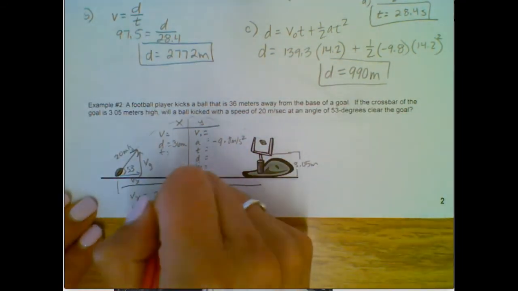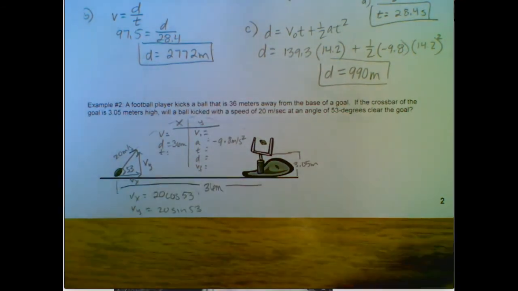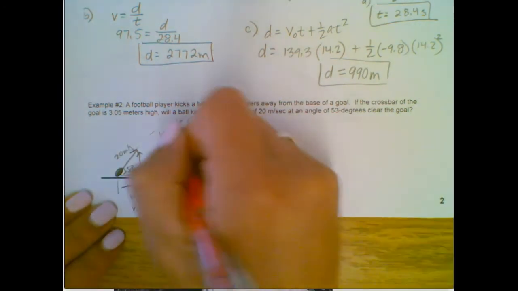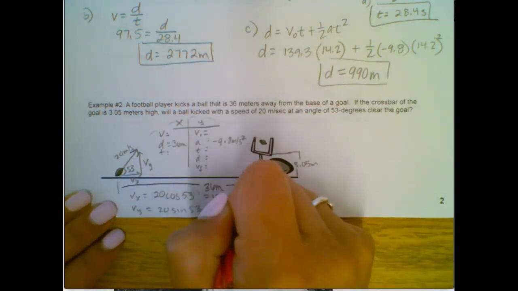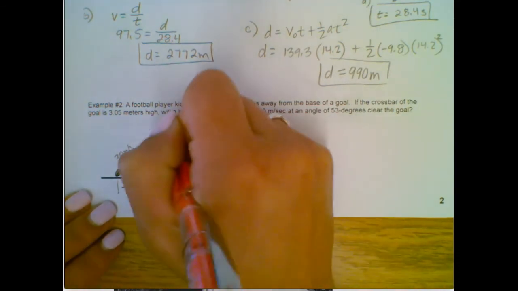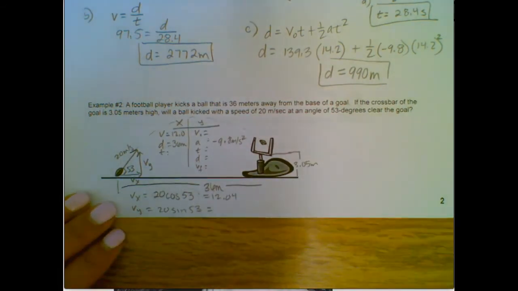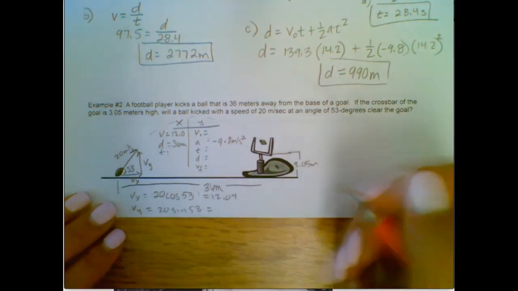So make sure you do 20 cosine 53. And if you go ahead and do that, you get 12, so Vx is 12.04. You could just put 12.0. And Vy is 15.9, or about 16.